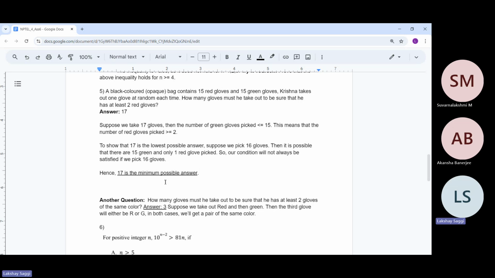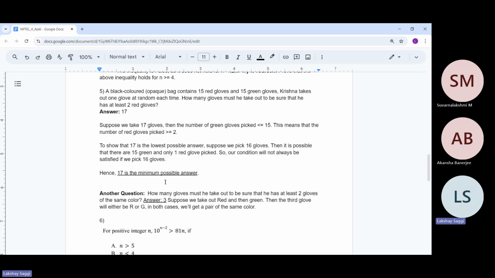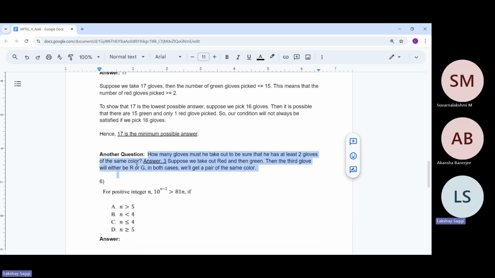And now, this is not another question. This is just an extension of this question. Suppose instead of ensuring that we have at least two red gloves, the question was how many gloves must he take out to be sure that he has at least two gloves of the same color. I have already written the answer for this.